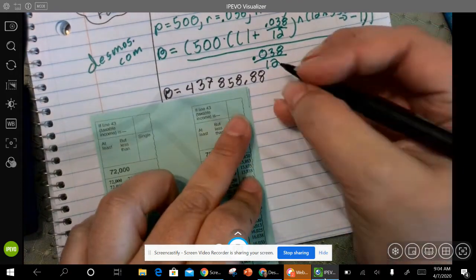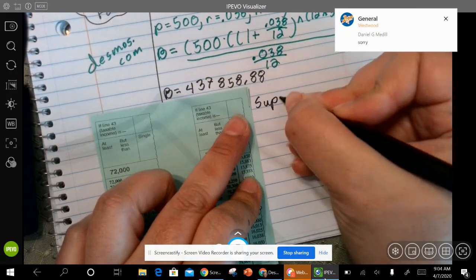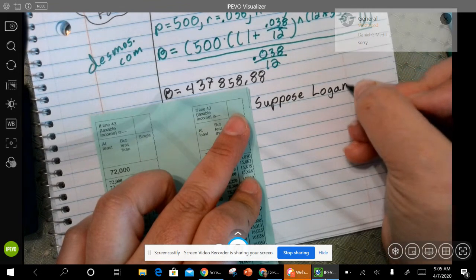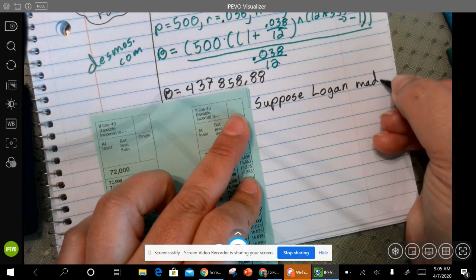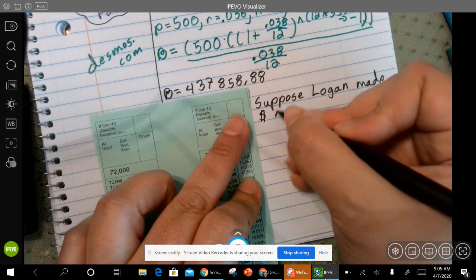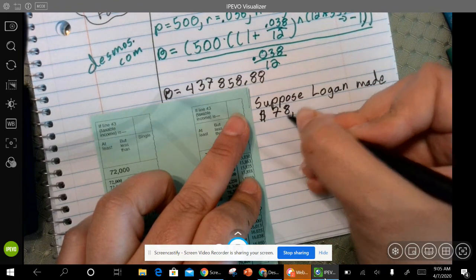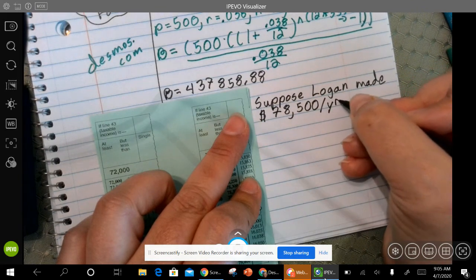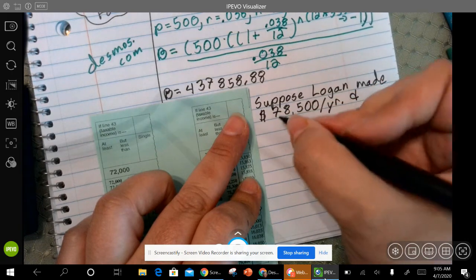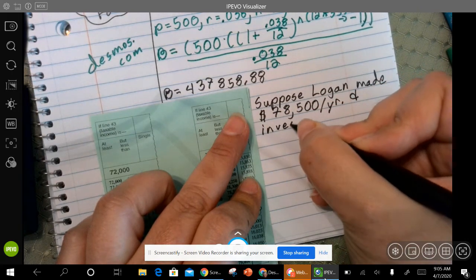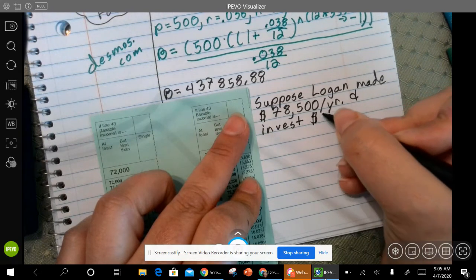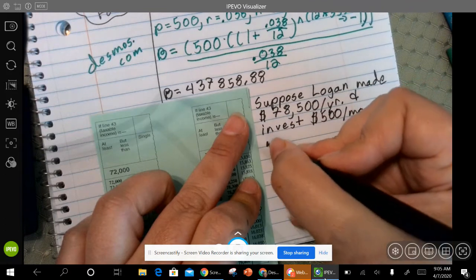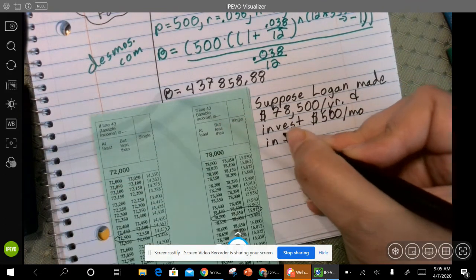So let's suppose that Logan made $78,500 last year, and he invested $500 a month into his individual retirement account.